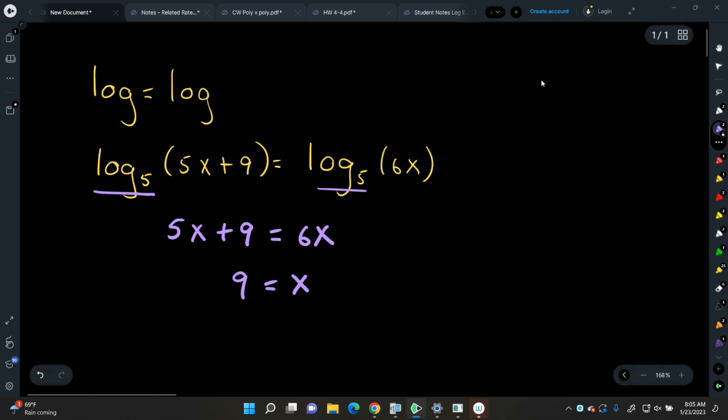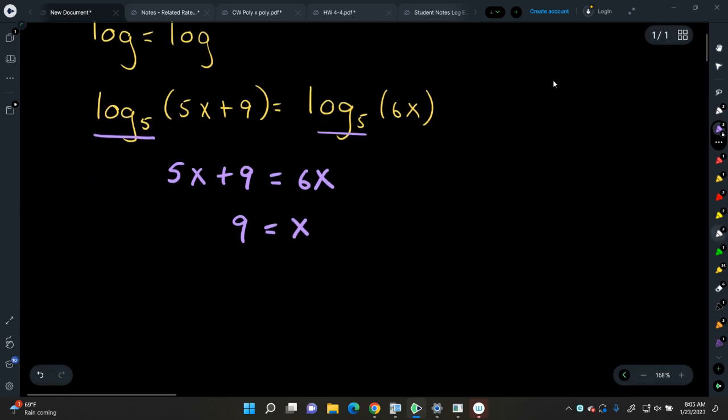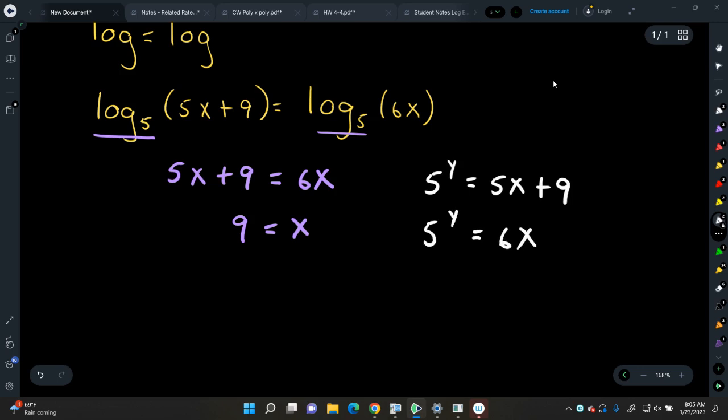Okay, so these are pretty simple. So the logs just act as your bases? Yeah, because if you think about it, what's actually happening is we're saying 5 to the y equals 5x plus 9, and 5 to the y equals 6x.